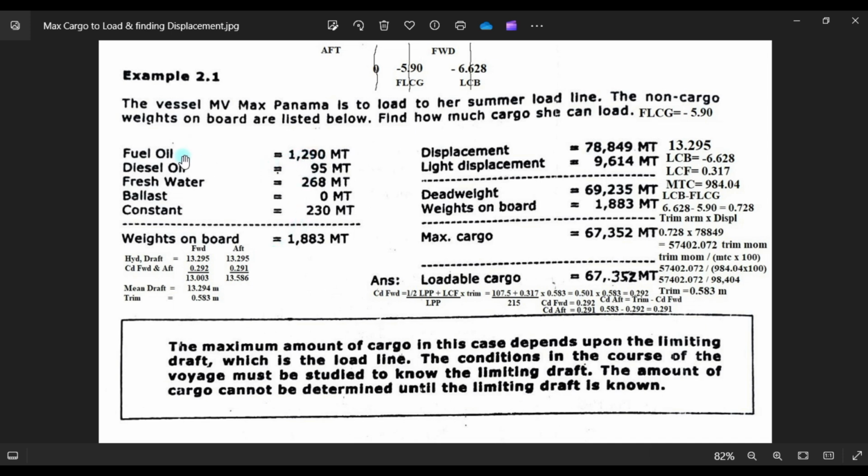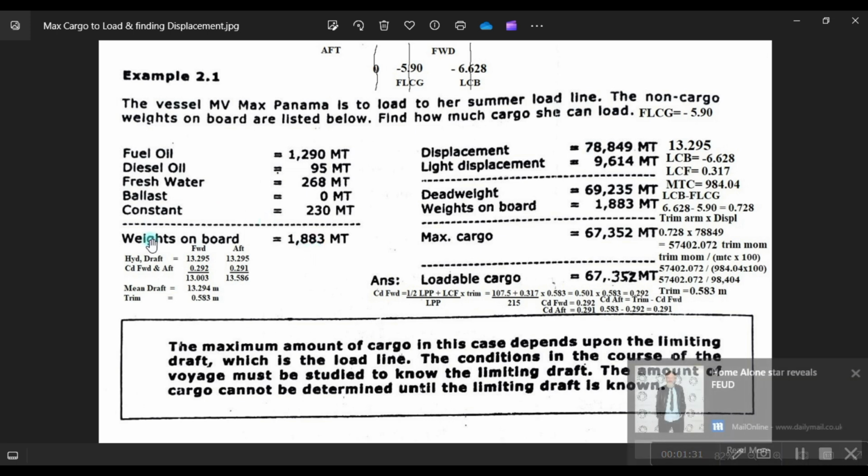So we have fuel oil, diesel oil, fresh water, ballast, and constant. So you add all of these, and this would be your weights on board of 1,883 or non-cargo weights. The next thing, you should know your displacement.